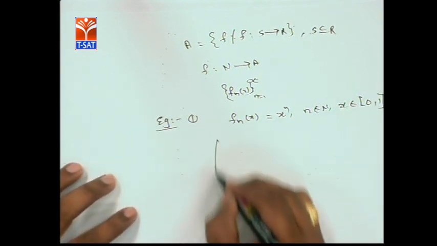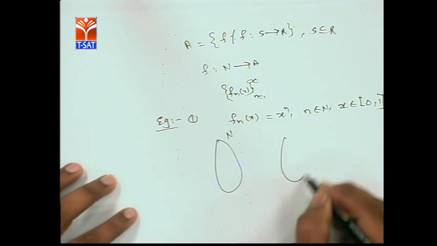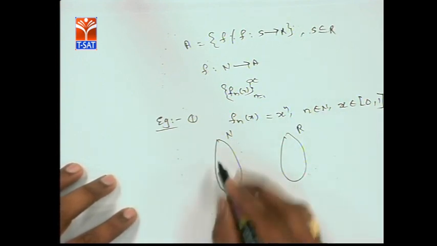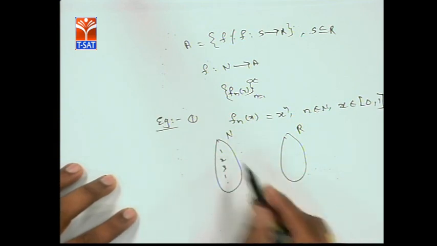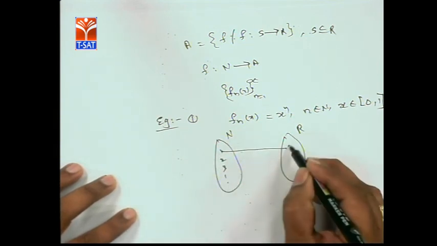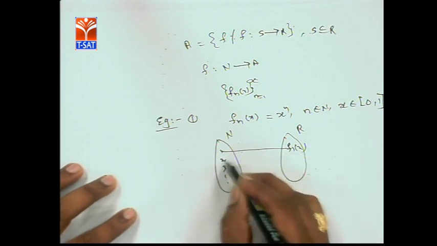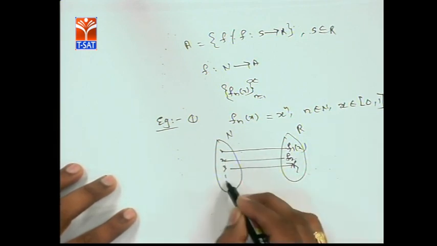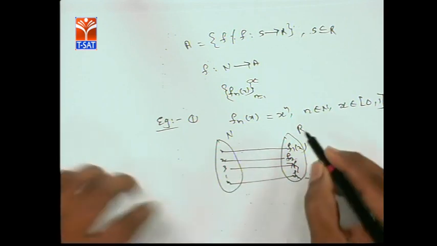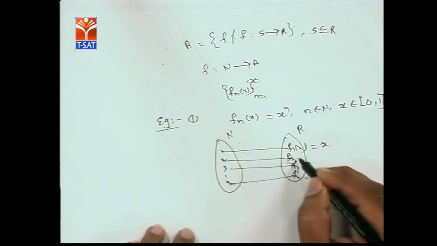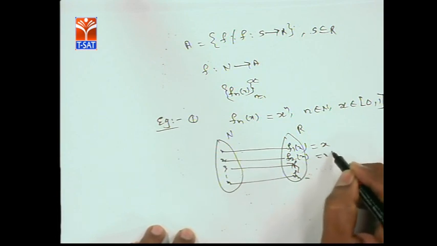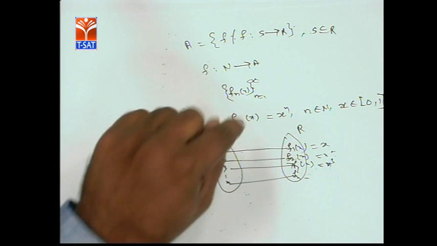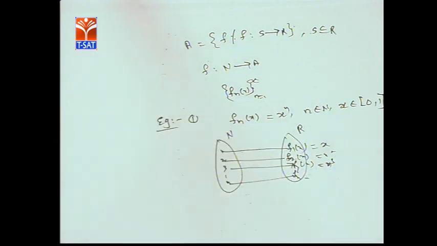Here N is the domain, and this is the codomain. 1 goes to f1(x), 2 goes to f2, 3 goes to f3, and so on, n goes to fn. Here f1(x) is x, f2(x) is x square, f3(x) is x cube, and so on. This is one example of a sequence of functions.